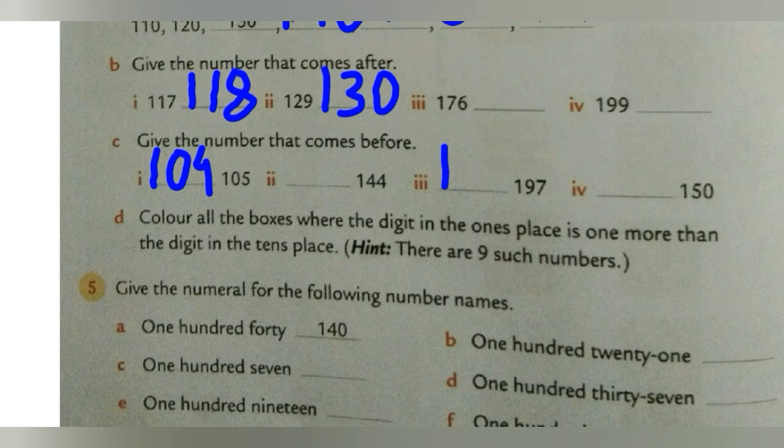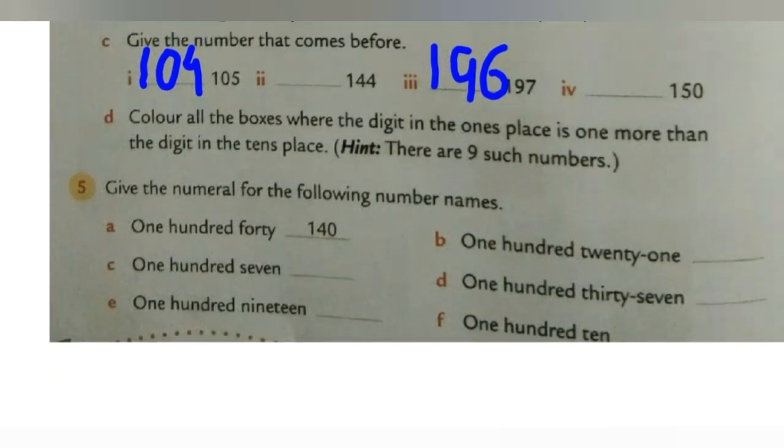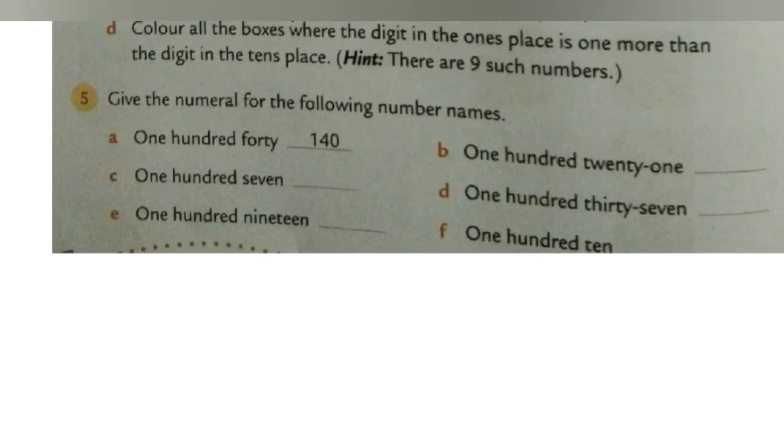Now check out the next number. 97. What comes just before 97? You can even write the tens place as it is. Just you have to check only ones place here. 97. What is the number just before 97? 96. Yes.